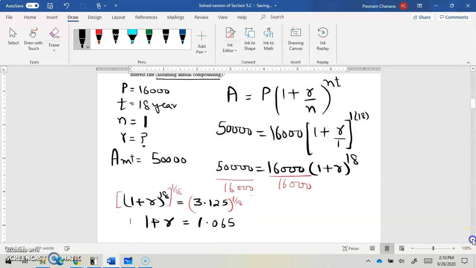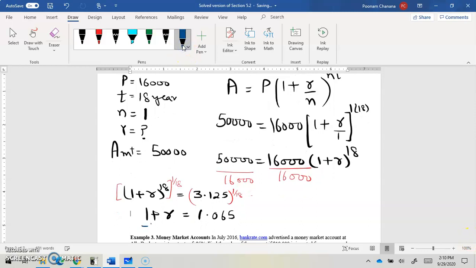So we can subtract 1 on both sides. We will get r is equal to 0.065, and in percentage that is 6.5%.